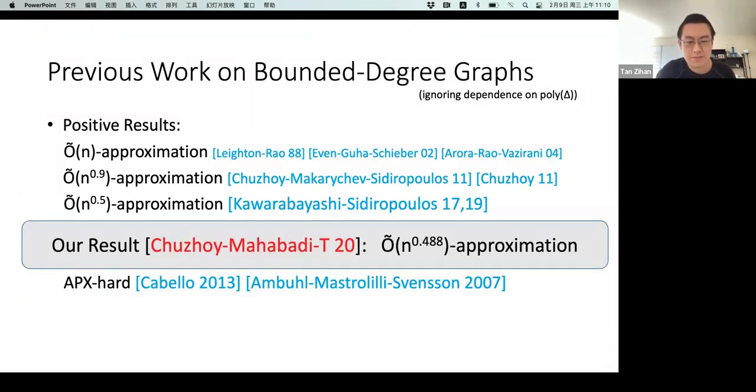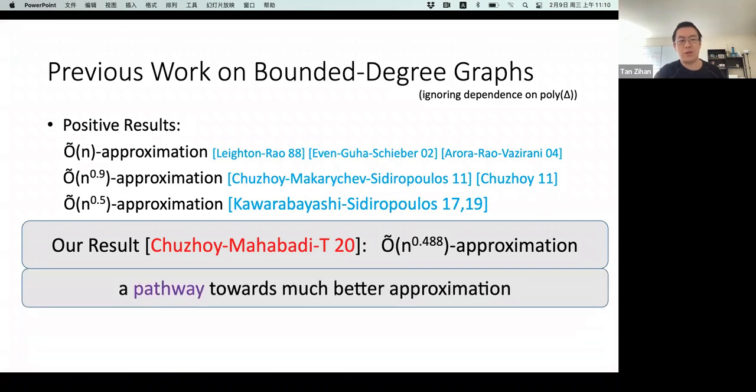The first result is a paper in 2020, where we improve this approximation just by a little, from square root of n to n to the 0.488. But the more important contribution we believe in that work is that we pave a pathway towards much better approximation.